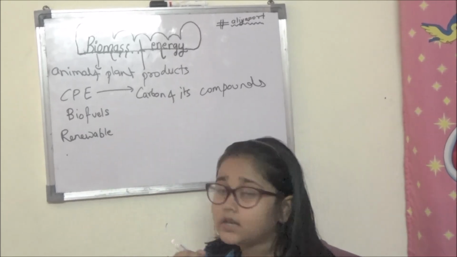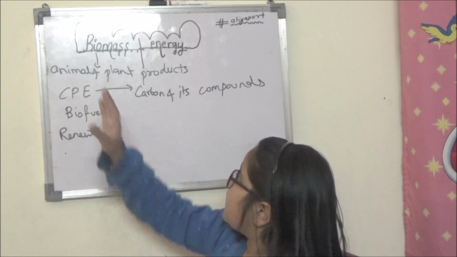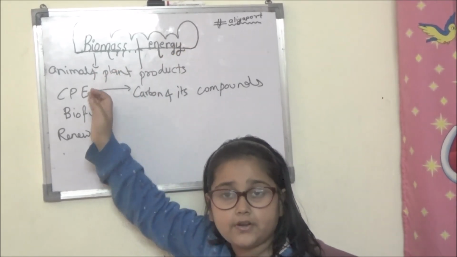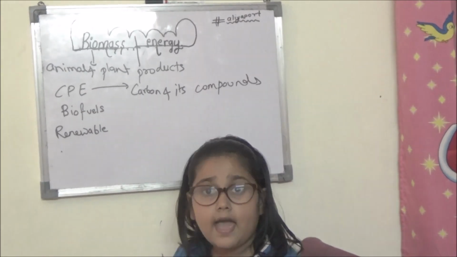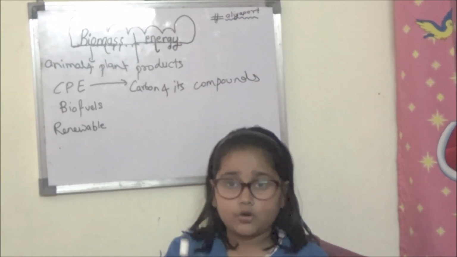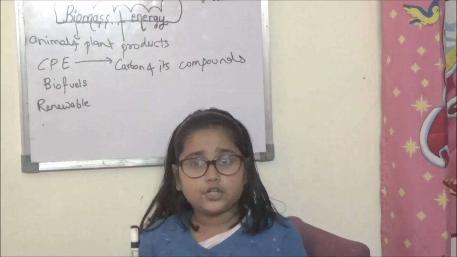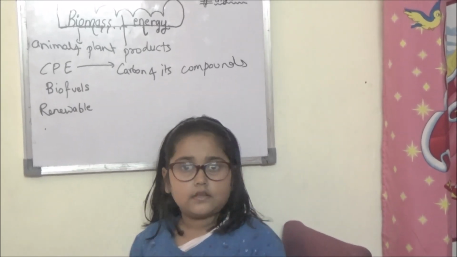How is it renewable? Because biomass is animal and plant products, and biomass energy is the energy which we obtain from animal and plant products. Animals and plants grow continuously, so we can get biomass energy on a consistent basis.